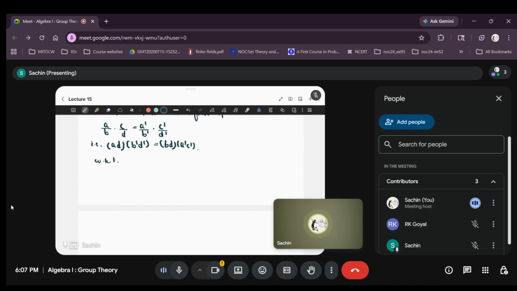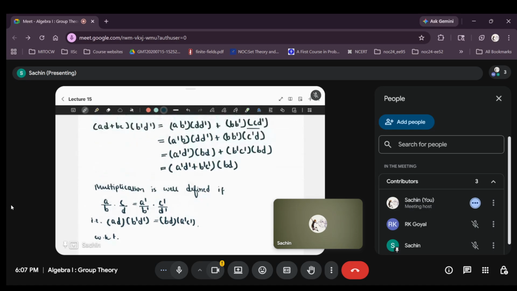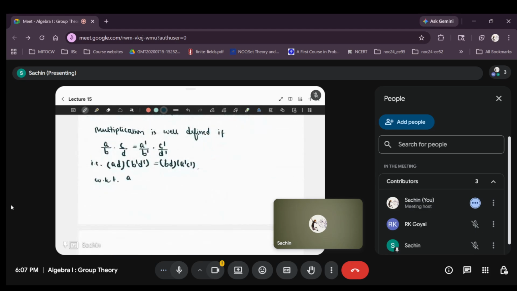But we know that A prime B is equal to AB prime and C prime D is equal to CD prime. So this was AC.